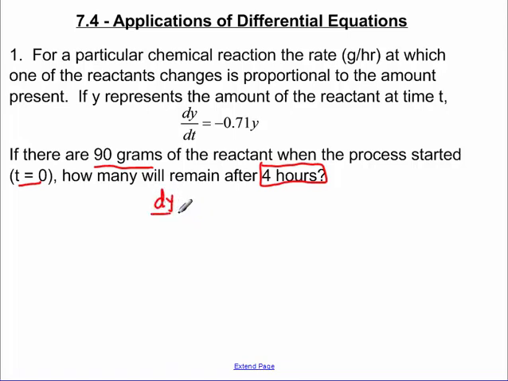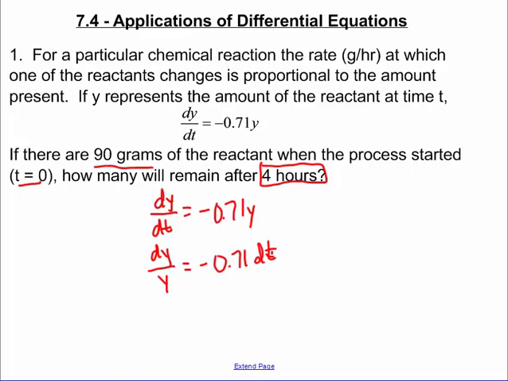So we have our differential equation, and separate our variables out. Remember, on the AP, you need to separate your variables or they are not going to give you full credit.